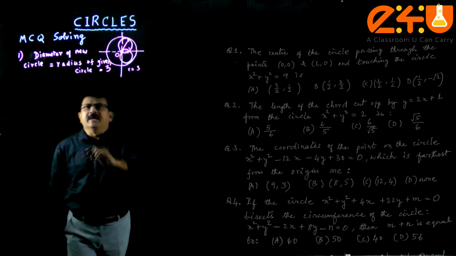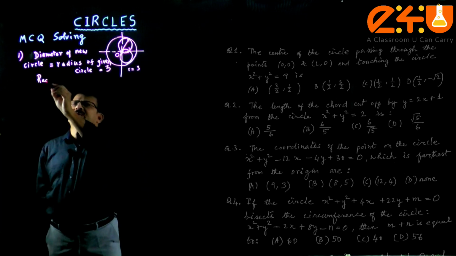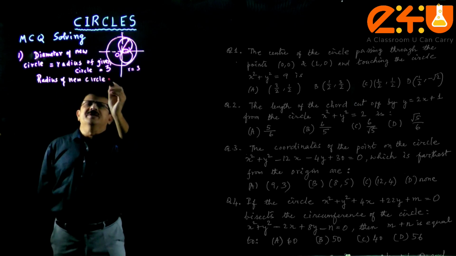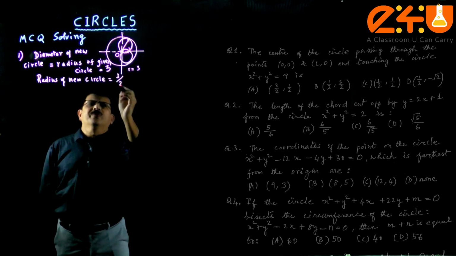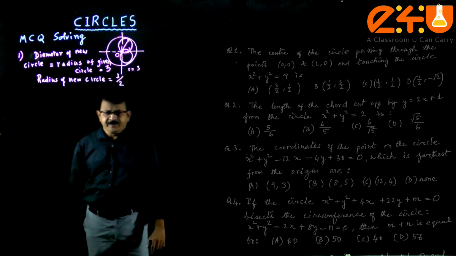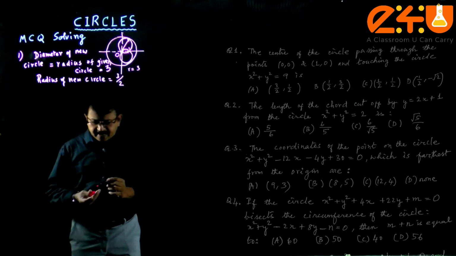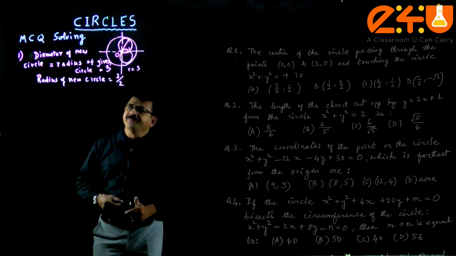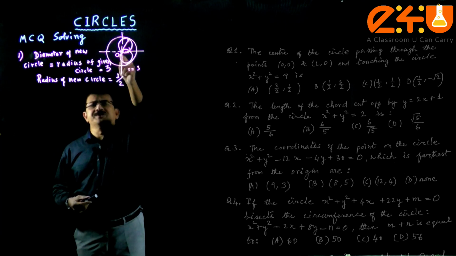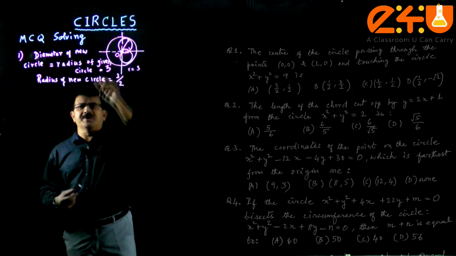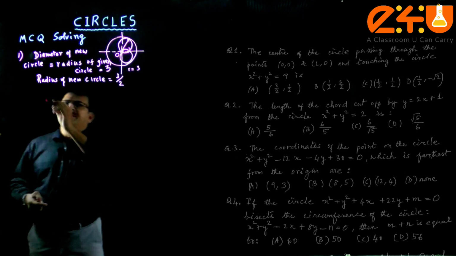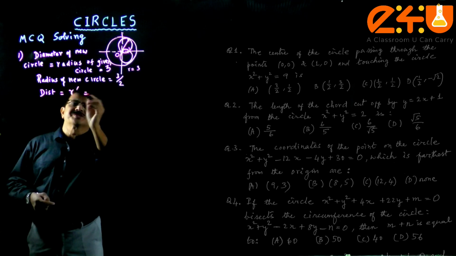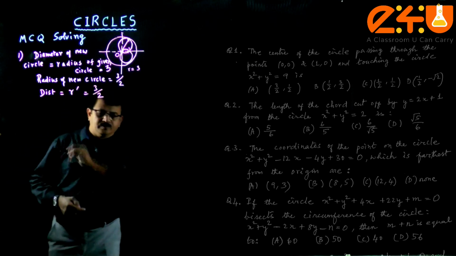So what we understand, the radius of, let us say, the new circle is half of the original radius, 3/2. So the students can understand that it is an easy test to check. Take the options A, B, C, D and measure the distance from origin, because the new circle passes through origin, and check whether the distance is equal to the new radius, which is 3/2.